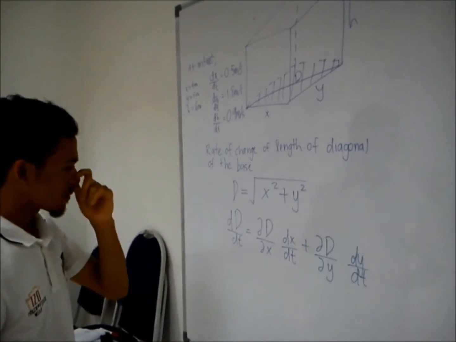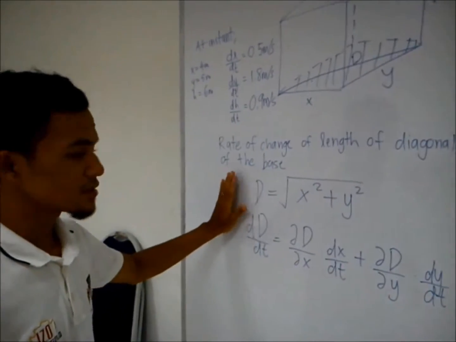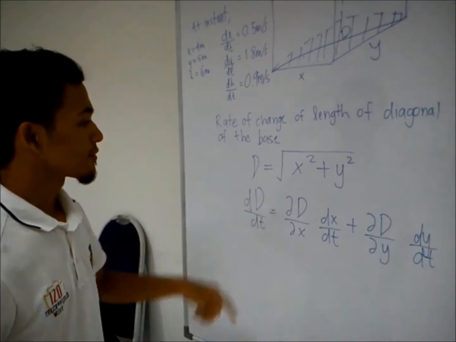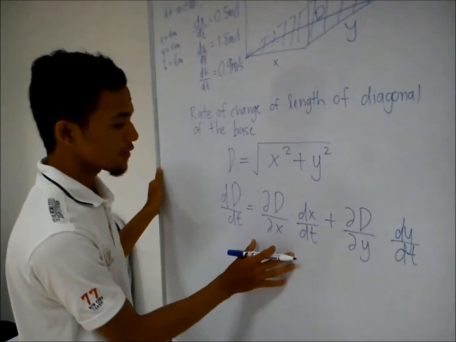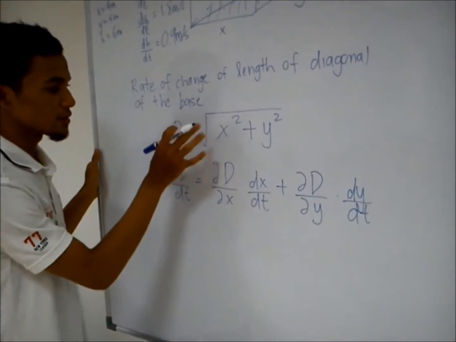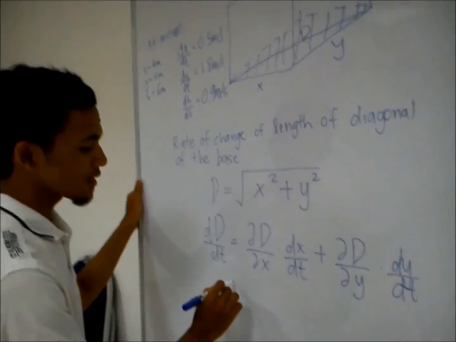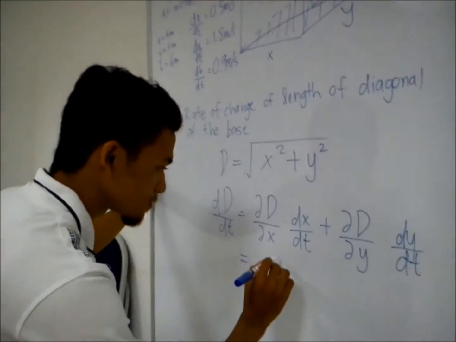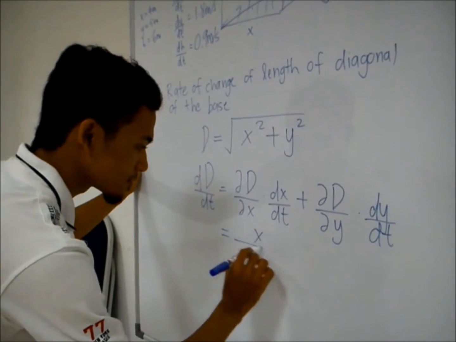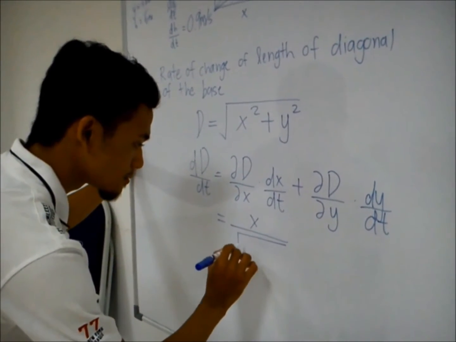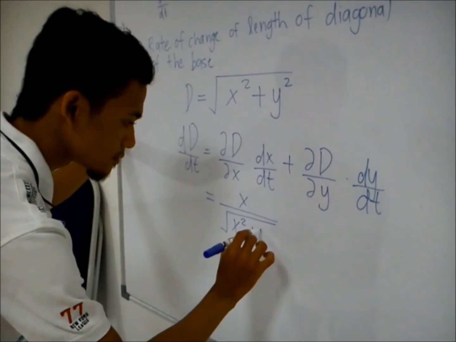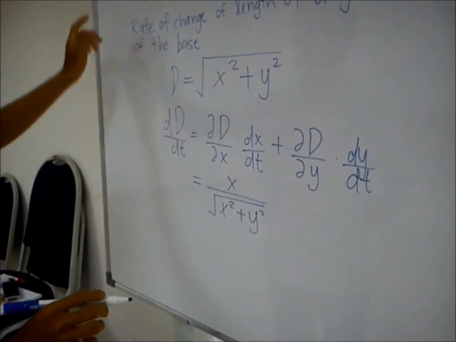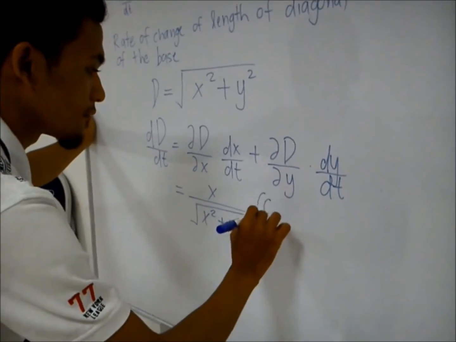Okay. From this equation we need to do a partial differential for the equation for D. So if we want to find out the value, we need to differentiate it. The partial differential of D with respect to x will be equal to x over the square root of x square plus y square, and then we multiply with 0.5.